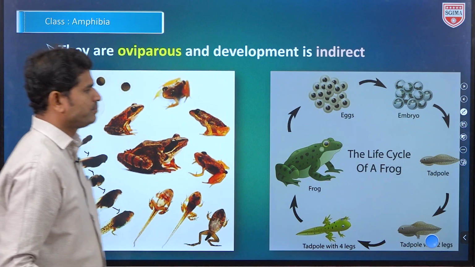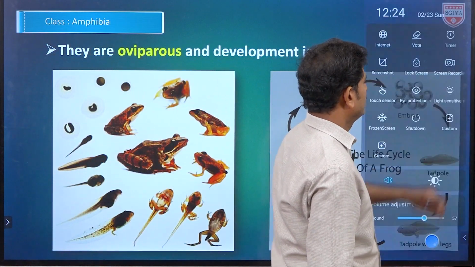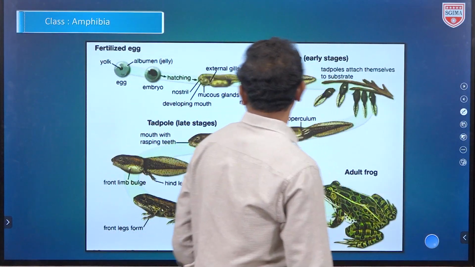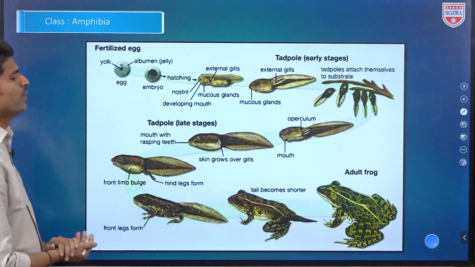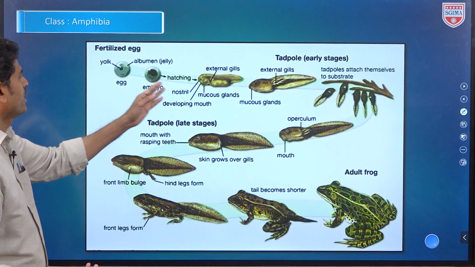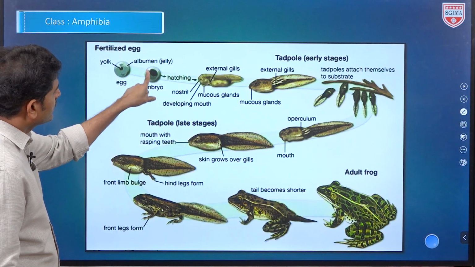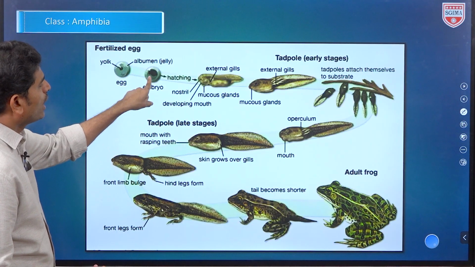Okay, next, this is also the life cycle only, in proper order. This is an egg and a zygote, then an embryo hatching.